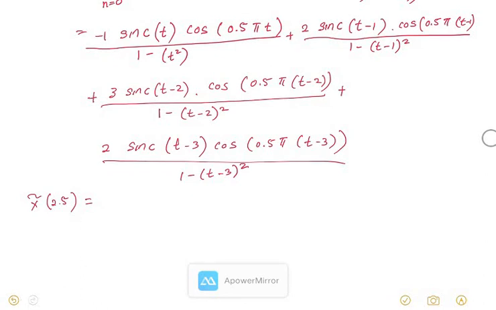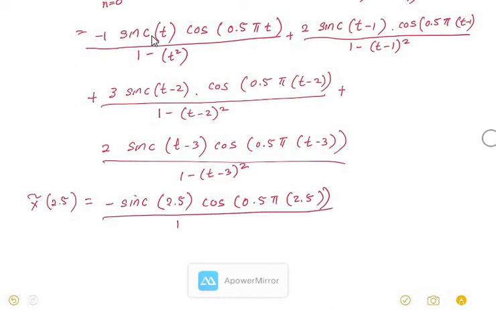Again, we simplify. Substitute the value of t equal to 2.5. If you want to directly substitute you also can, I just want to show you step by step so that you can follow.